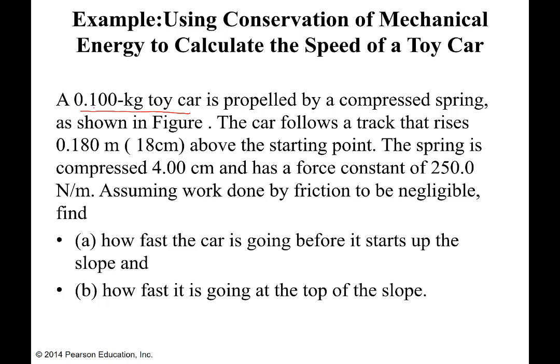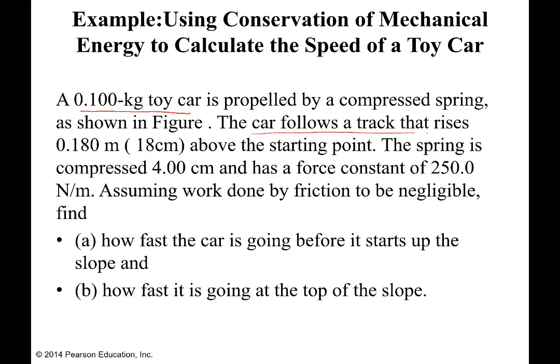This is one of the examples I'm using to explain how energy in a compressed spring can launch a toy car. If you have played with a Hot Wheels track, or with toys where you launch a car by pressing a button and the spring inside launches it, it can go around a loop in a Hot Wheels track as well.